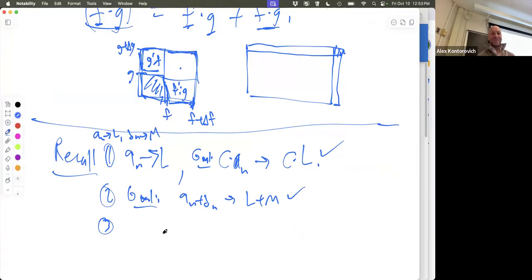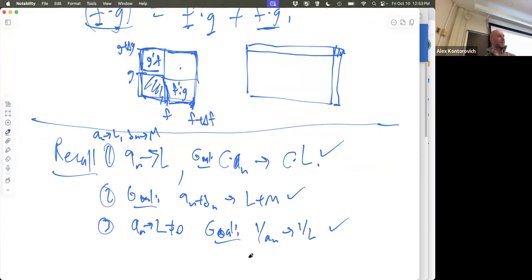You see how easy it is to make a mistake. We previously proved that if you had AN going to L and L wasn't 0, then the goal was 1 over AN goes to 1 over L. We proved that. And just now we proved that AN times BN goes to L times M.